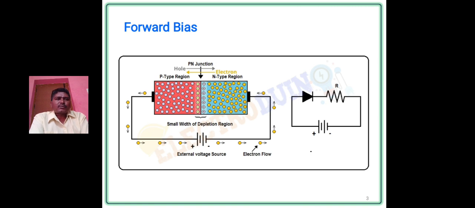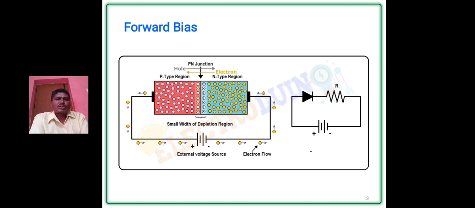When we keep on increasing this external battery voltage, up to 0.7 for silicon and up to 0.3 for germanium, there is no current flow between p type and n type semiconductor. So that is normally the off condition. Once the voltage is beyond this voltage, the diode starts to conduct.